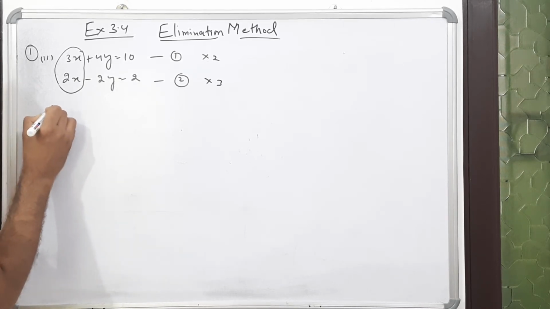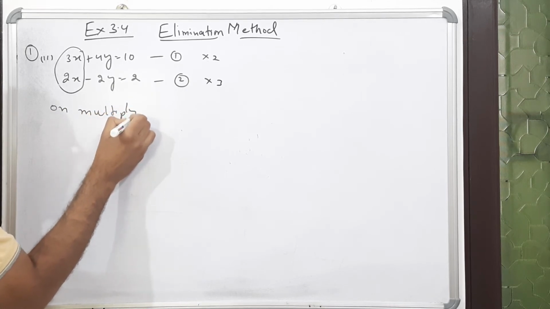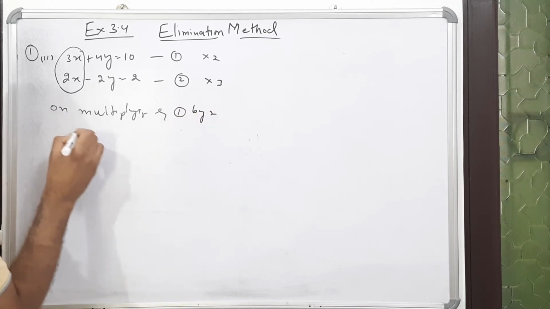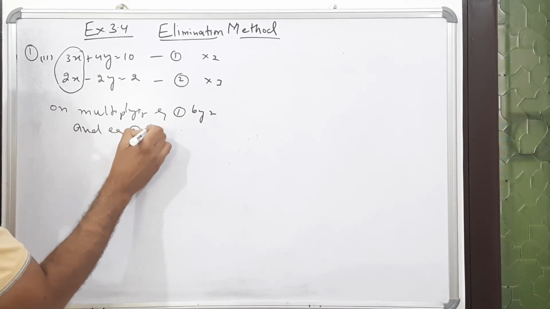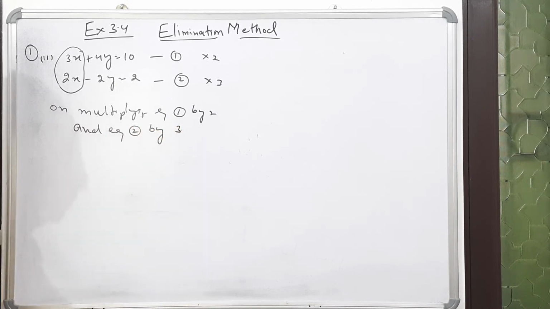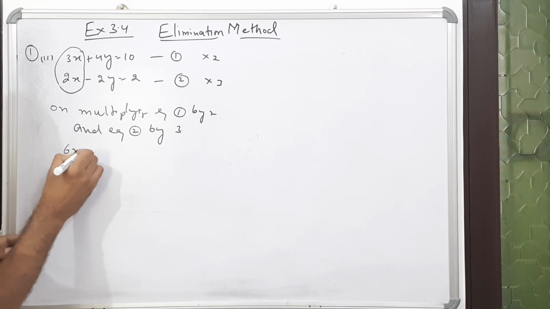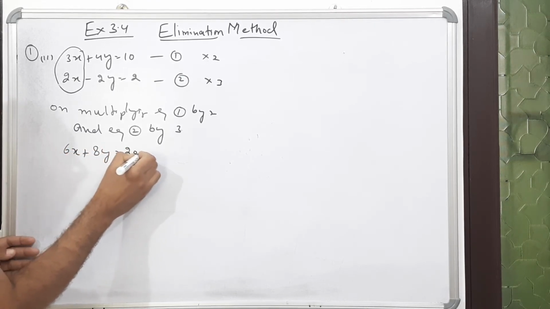So the statement is, on multiplying equation number 1 by 2 and equation number 2 by 3. So when we multiply, this will be 6x, this will be 8y, and it will be 20.